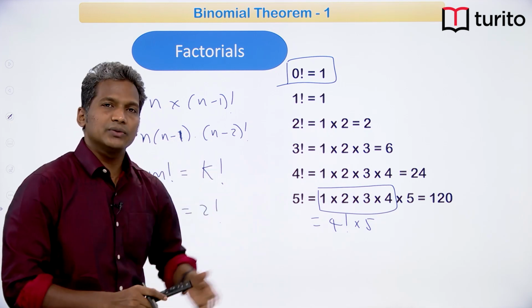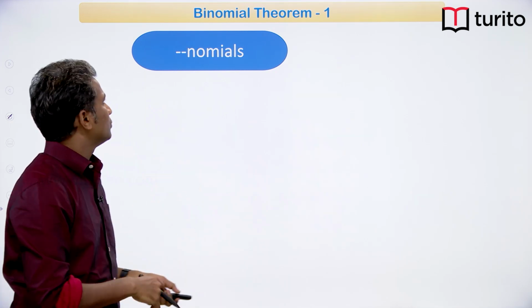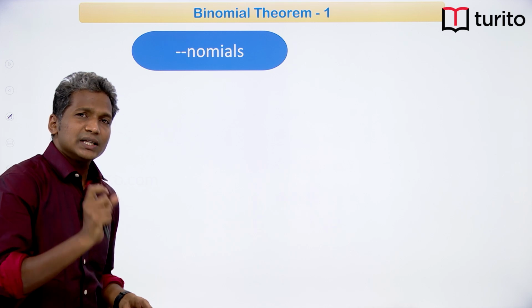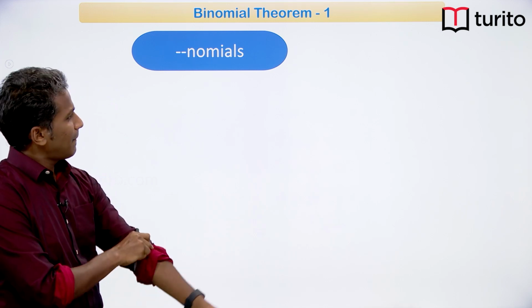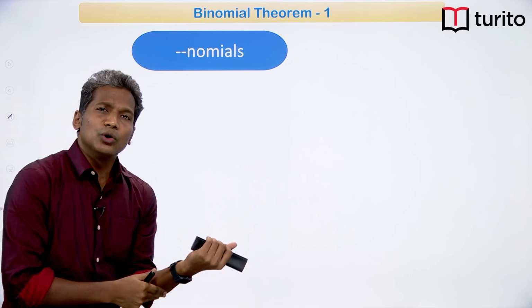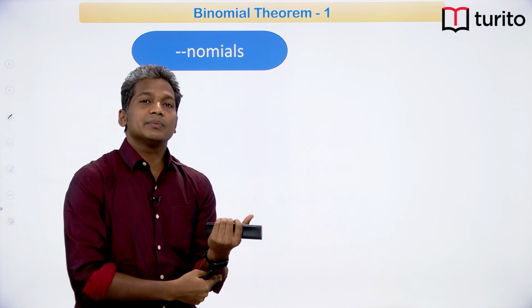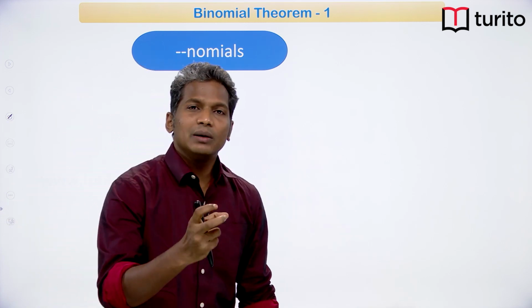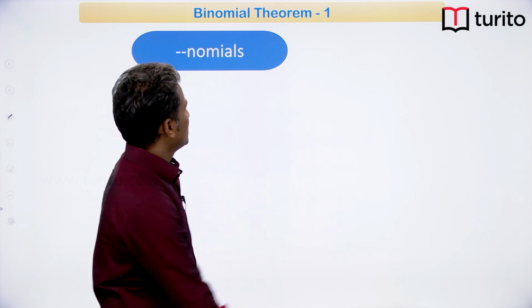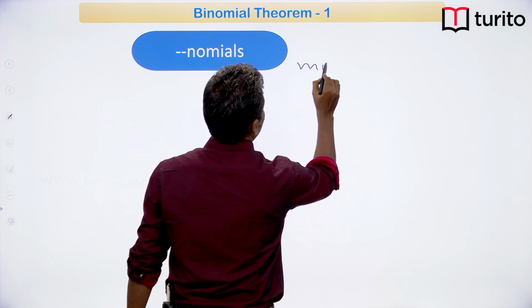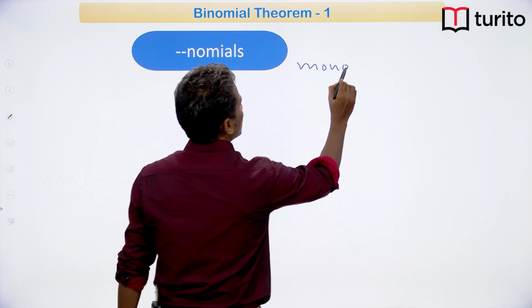We have understood factorials. Now, let us move on to the basic understanding of the nomials. If I say monomial, it means there must be only one term. Nomial means terms. So, monomial means only one term.